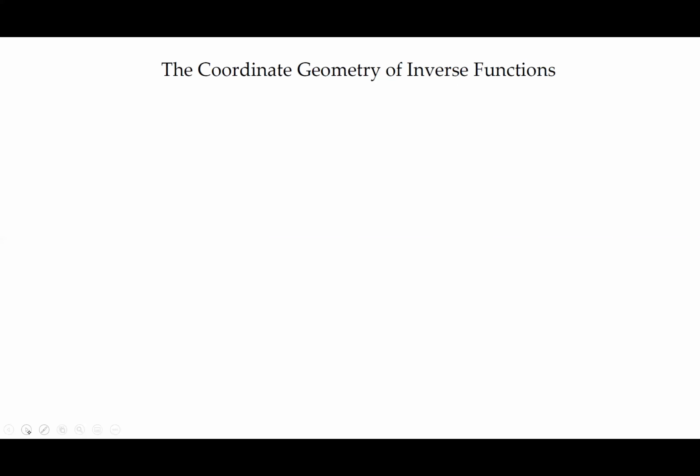So what is the coordinate geometry of inverse functions, right? If I have, say, this function, then really what's happening is this is a point, and this is a point, and this is a point. Right, we're swapping x's and y's. So what's going to happen is we're going to get this other thing that looks like this.